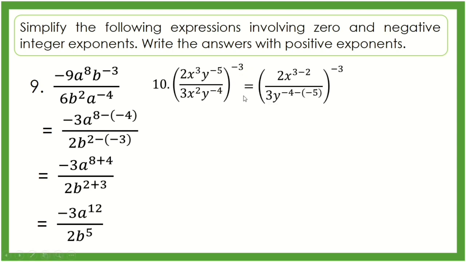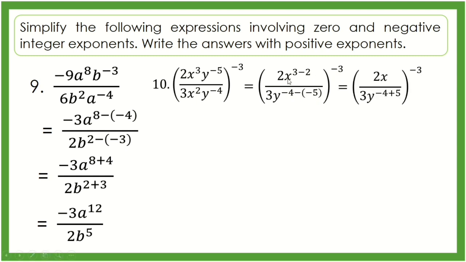Okay, so we have 2 and then we have x cubed sa numerator, x squared sa denominator. So parehas ng base. So x, pagmaminusin natin yung kanilang exponent, 3 minus 2. All over 3. Okay, so we have y raised to negative 4 minus negative 5, raised to negative 3.